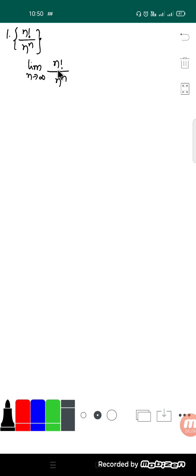So it is an infinity by infinity form, and we are not sure about it. We can't use L'Hopital's rule here, because you cannot differentiate this one. So L'Hopital's rule is not useful here.